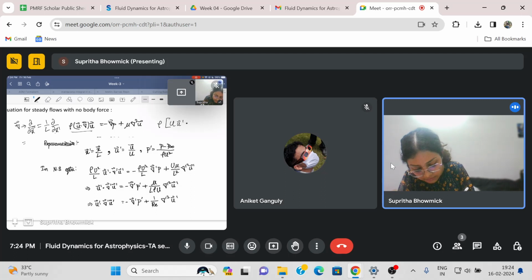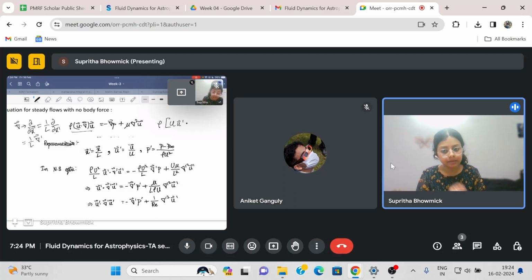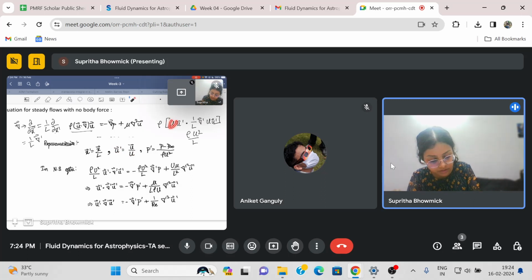But what is del x prime? It is grad in the primed variables, right? So I can rewrite this as 1 by L times the primed grad. And once again, I have a u over here and I will substitute this with capital U times u prime, which gives me what? It gives me U squared by L. A U from here, a U from here, and L from here. This gives me rho U squared by L, which is basically this.